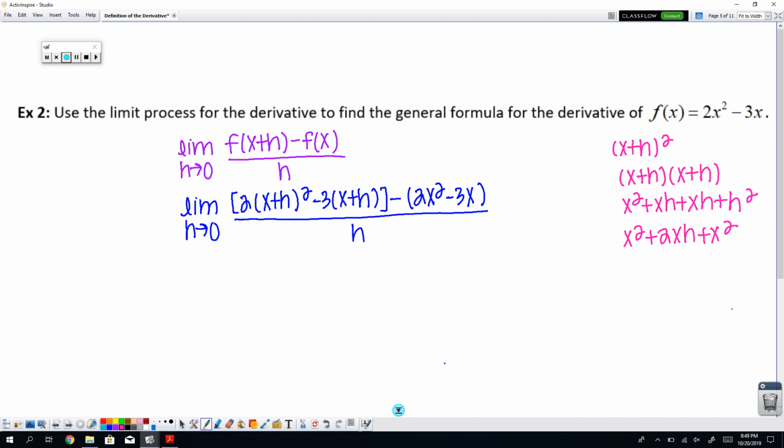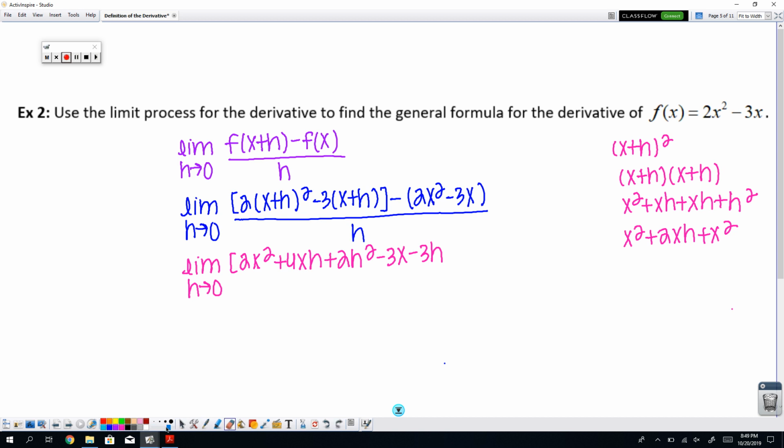So we have the limit as h approaches 0 of, and I'm going to go ahead and distribute here. So that's 2x squared plus 4xh plus 2h squared minus 3x minus 3h.